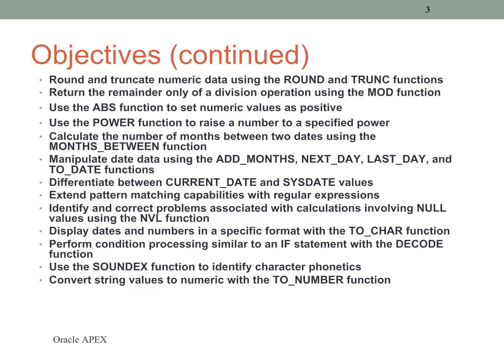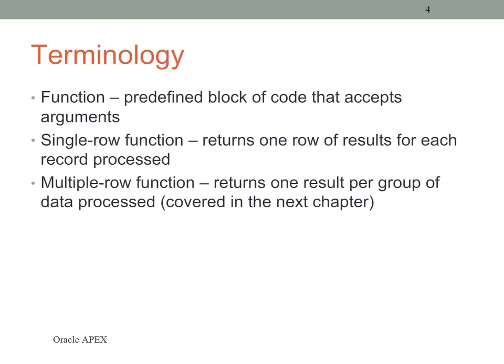Now let's get started. Let's define some terminology. By now you've heard me mention functions a few times, but there are really 3 core definitions that I think we should put on the table.